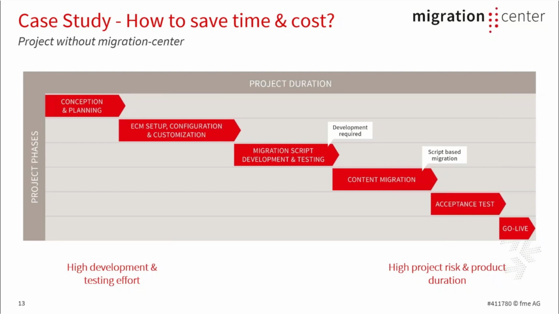Also during the content migration itself, when you move the data, you might need a lot of time because there were mistakes or problems with connections, with performance, and so on, because this is based on a homegrown or individual script. Then the last two steps are the acceptance test at the end and the go-live. So this is the project plan for a common, high-level ECM project.